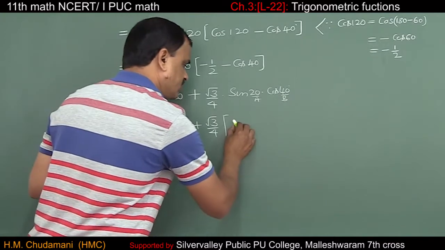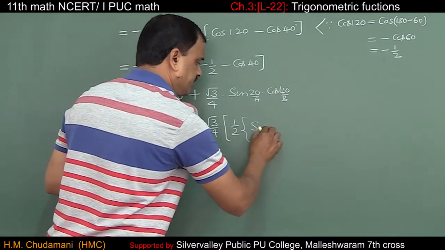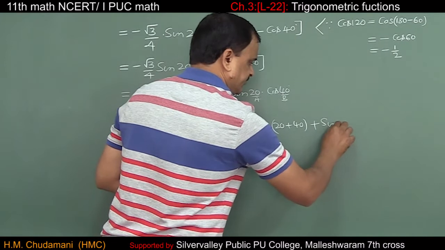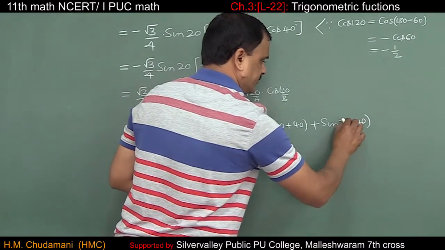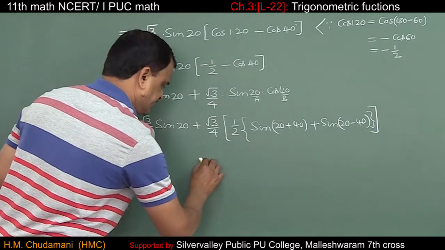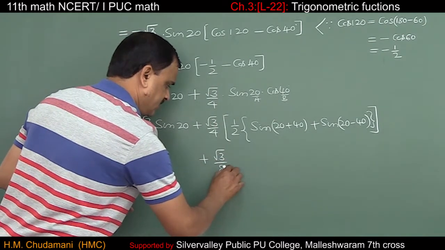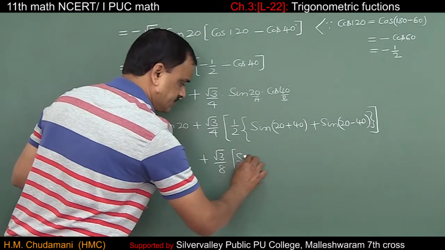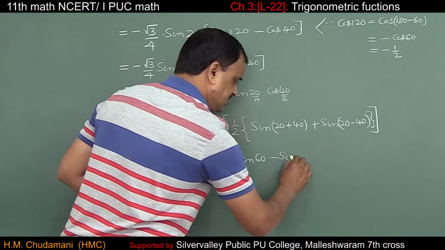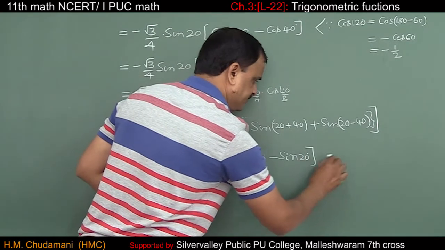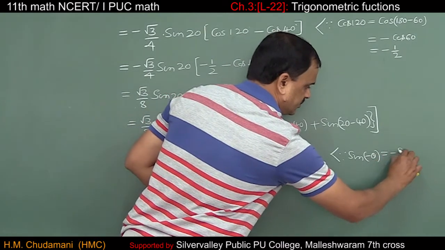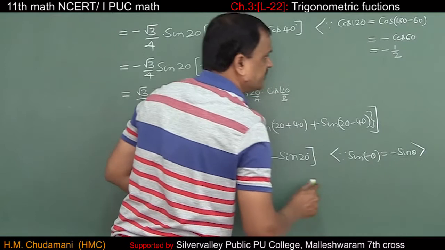Sin A cos B is equal to half into sin of A plus B plus sin of A minus B. So that is root 3 divided by 8 into sin 60 degree, and sin of minus theta is minus sin theta, so minus sin 20 degree.